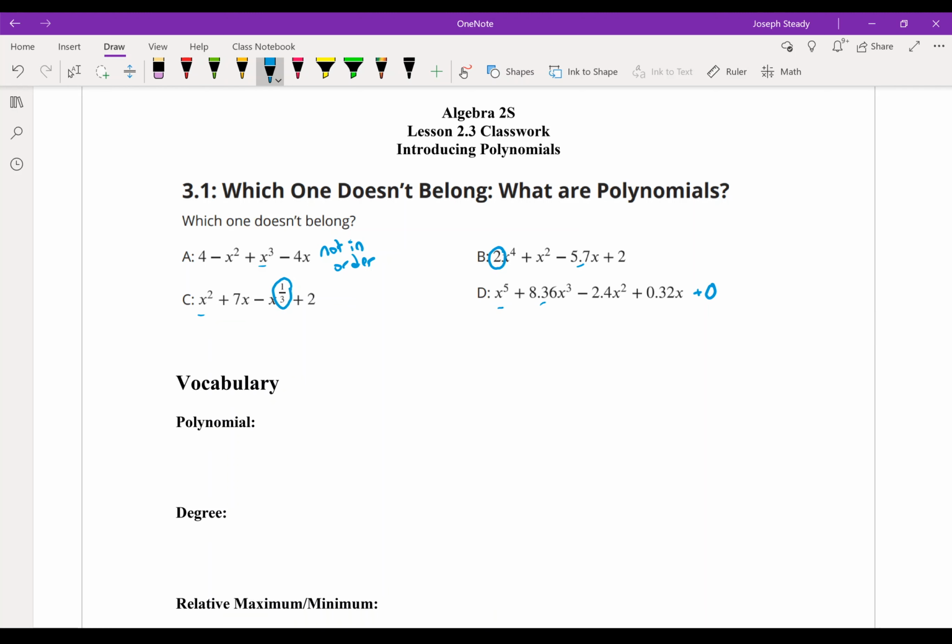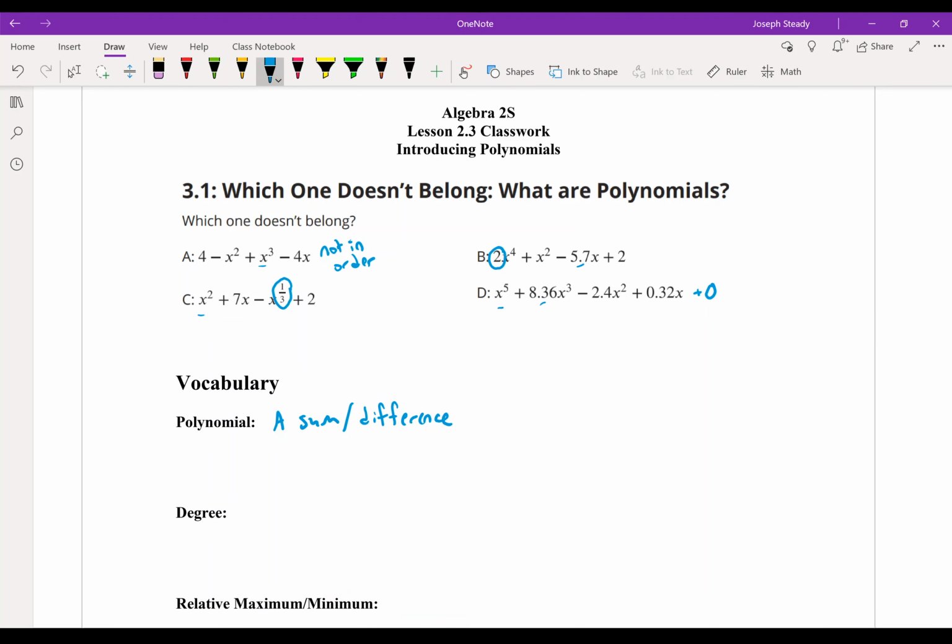Now, moving on from there to a little bit of vocab. Polynomial is what we're going to be talking about a lot in this unit. And we're going to define polynomial here as a sum or difference. In other words, we're adding or subtracting.